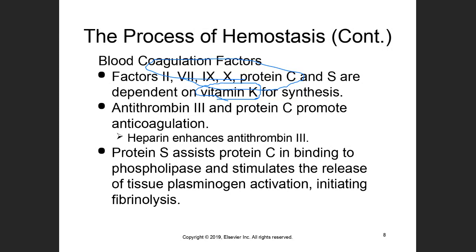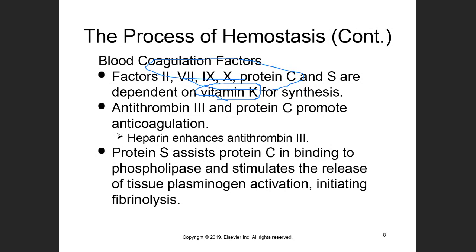Protein S and C bind to phospholipid and stimulate the release of tissue plasminogen activator, promoting fibrinolysis. Protein S and C facilitate anticoagulation.